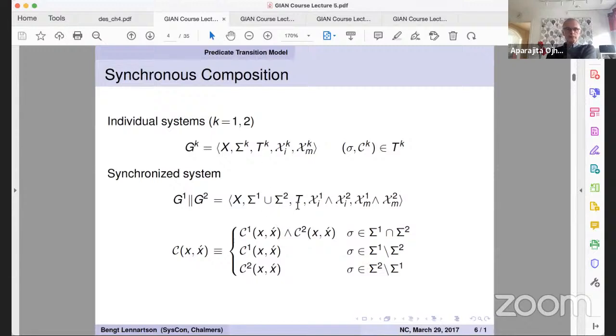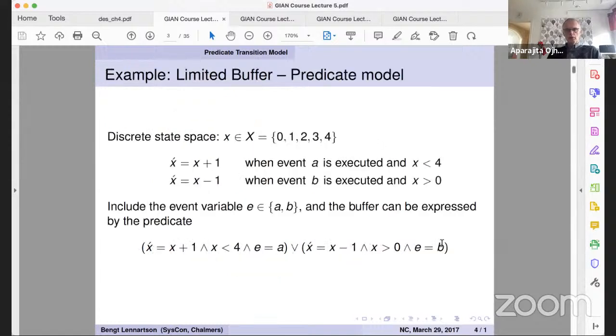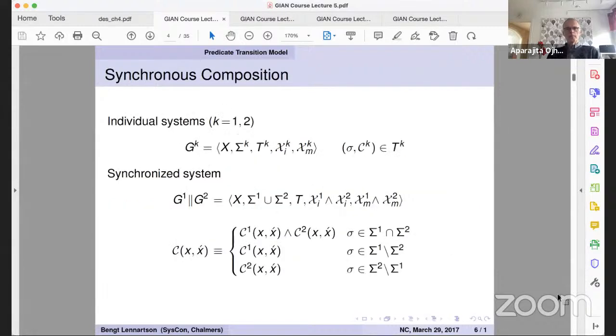And then the predicates or the transitions are described by a predicate defining the current value and the next value. So this was an example of a predicate describing what is valid now and what can happen in the next update, so to say.